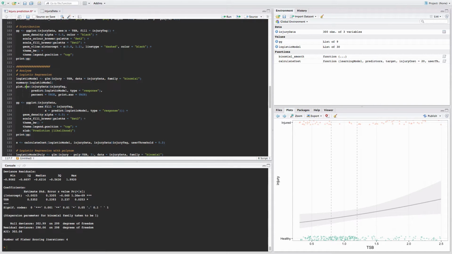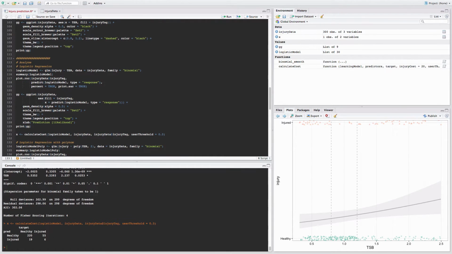What we can do also, before plotting, is plot the confusion matrix. The confusion matrix gives us pretty much the counting of misclassified and correctly classified cases.